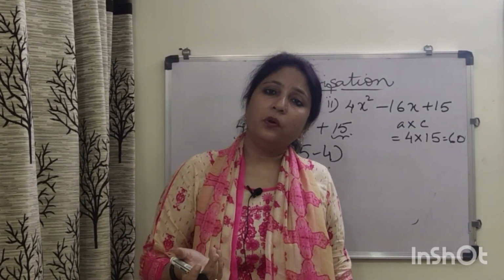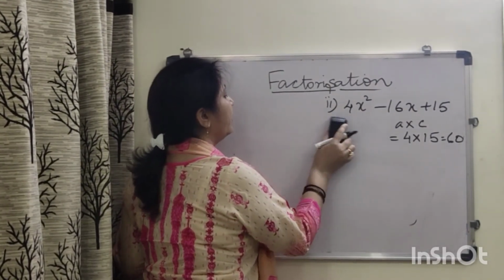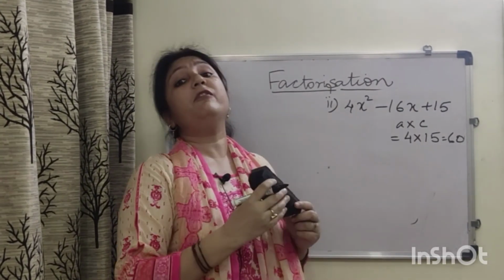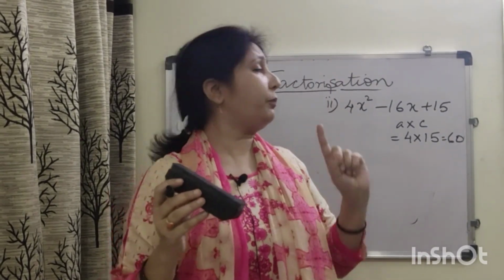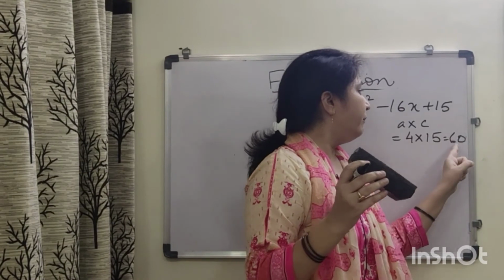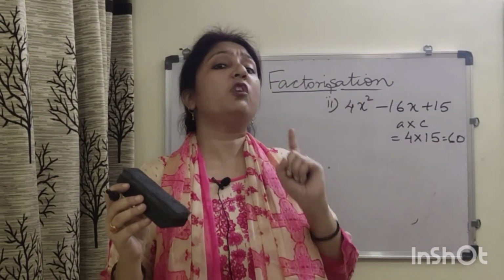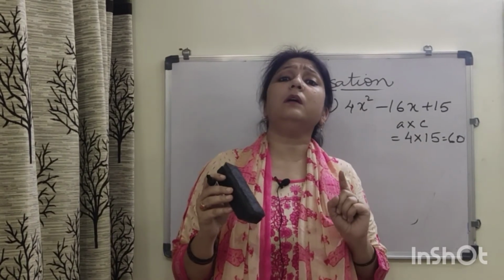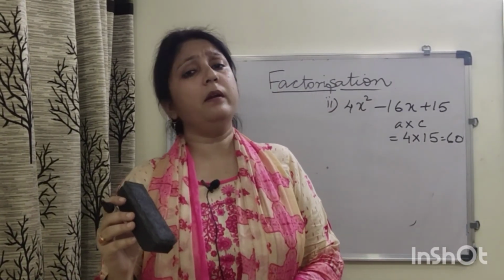No. So this is not applicable. We can select only those factors whose product is equal to the product of a and c and whose sum or difference is going to provide you the midterm.